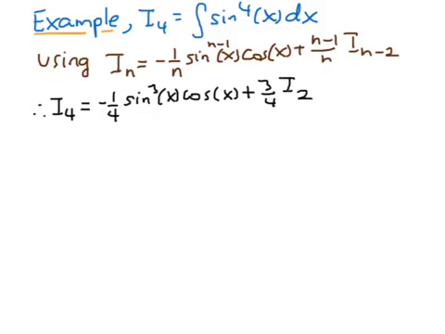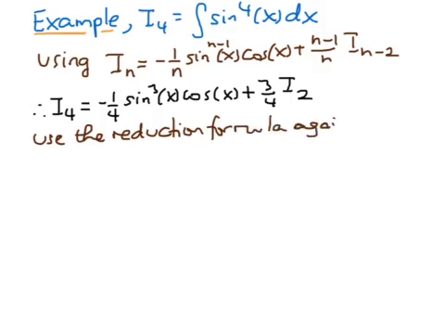Now I2 is the integral of sine squared, so replacing 4 here by 2. It's not completely easy, so that means that what we do now is we use the reduction formula again to calculate I2.